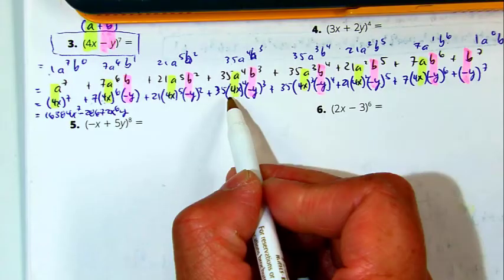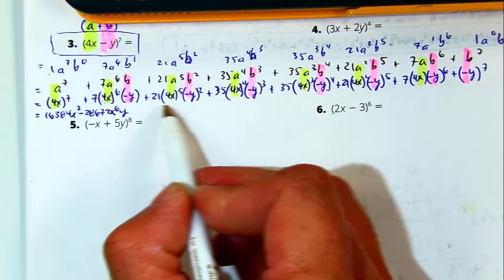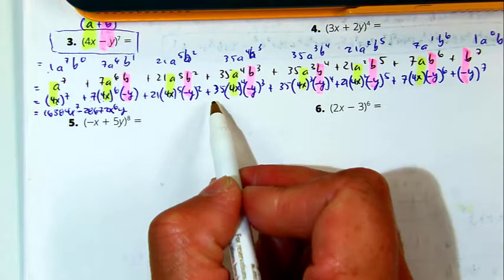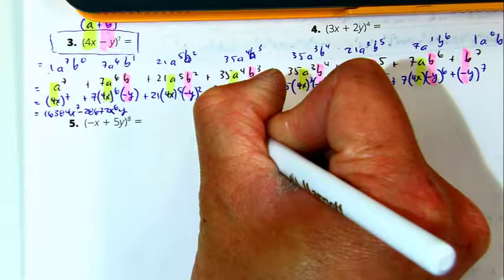For that one, I got 21,504x. Oscar's doing the third one. Do you have the fourth one? It starts with the 8. It's 65,536.